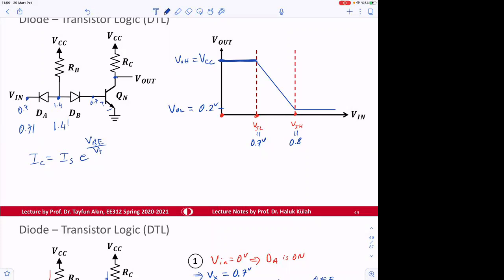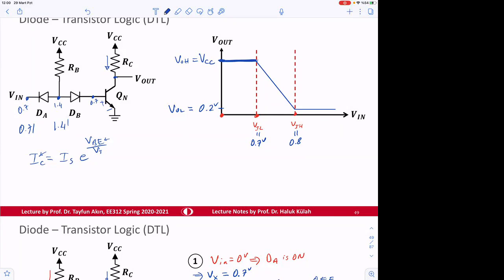So when base-emitter becomes larger than 0.7, IC starts increasing, right? In the model, this is either 0.7 when it's forward active, or 0.8 when it's in saturation, but there's a transition. During that transition IC increases, and when IC increases, the voltage decreases here.